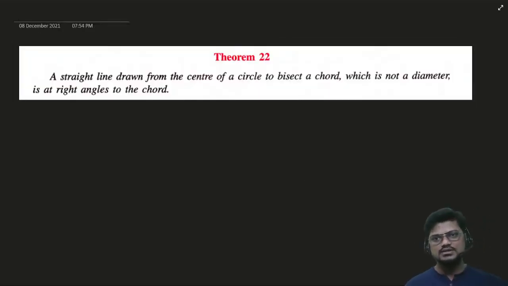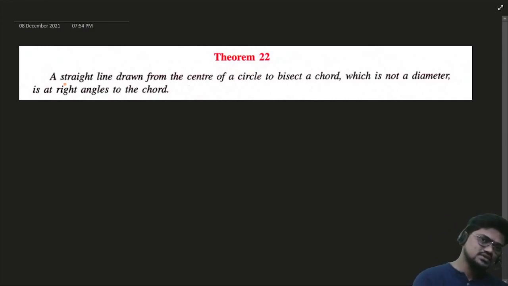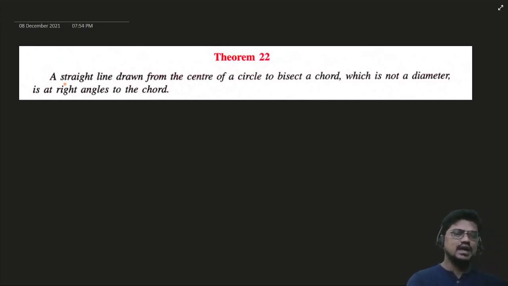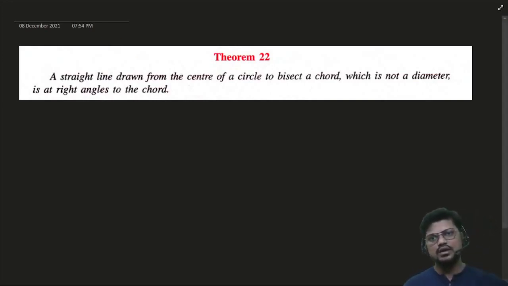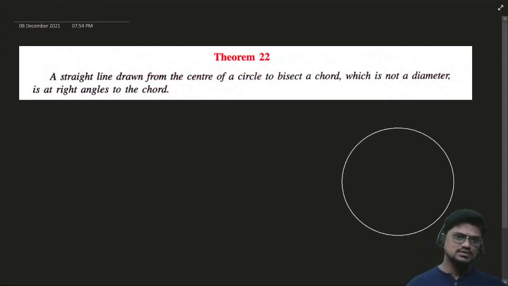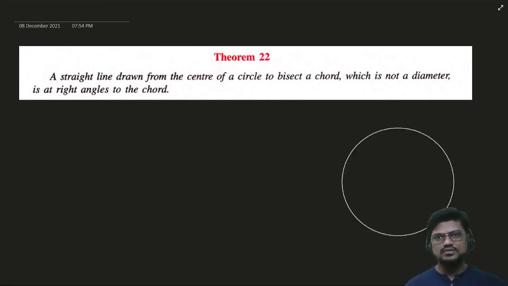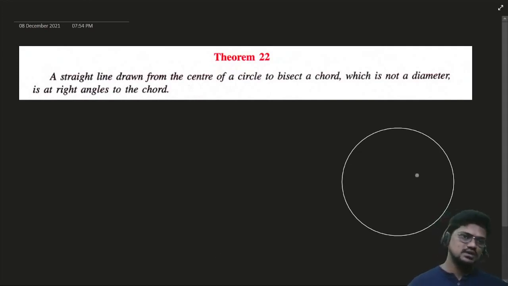the first theorem is: a straight line drawn from the center of the circle to bisect a chord which is not a diameter is at right angle to the chord. These are theorems which you should be able to prove. Suppose this is a circle, and this is the center.